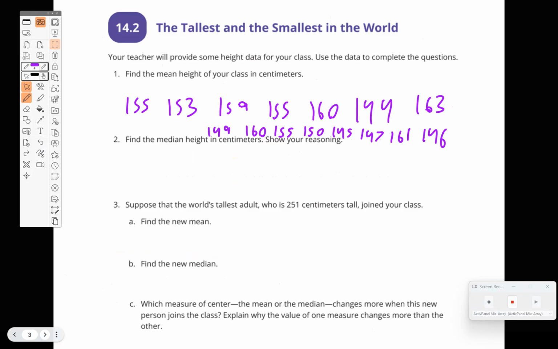How many 153s? 7. All right, 155. Just 149. I have to divide by.